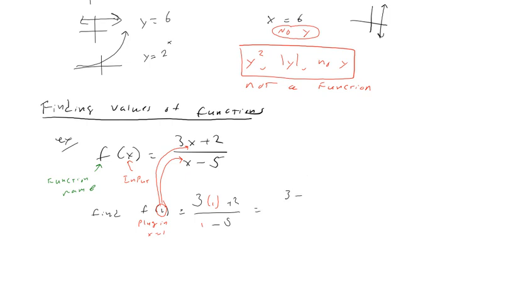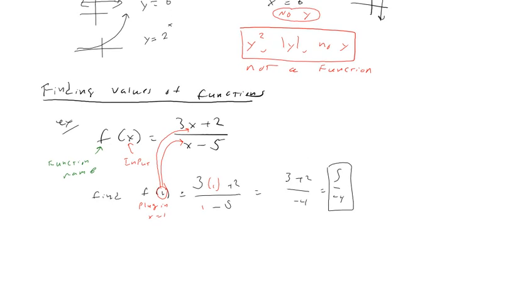There's my answer. To write this out correctly, I would say f of 1 equals 5 over negative 4.